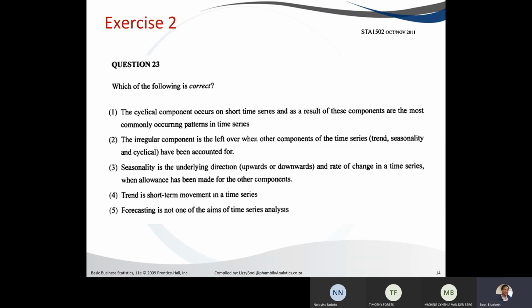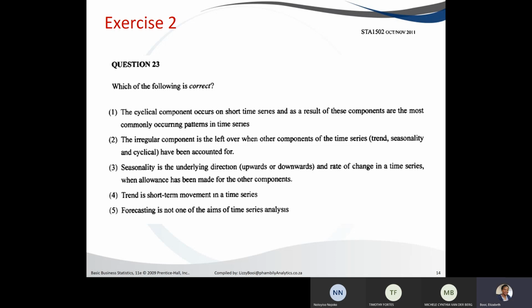And then number 3: the seasonal, which is the underlying direction, either it goes upwards or downwards, and the rate of change in the time series when allowance has been made for the other components.